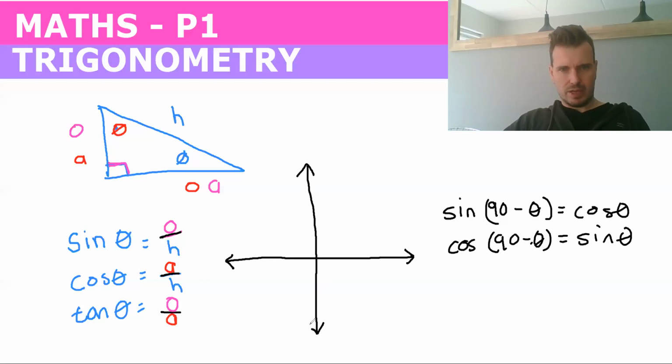Okay, so I take that angle there, and if I drop a perpendicular from the point down to the x-axis, this point here has coordinates of x and y.